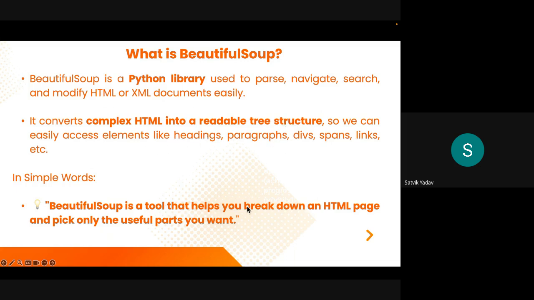So it is a tool that helps you break down an HTML page and pick only the useful parts that you want. Don't go into the technical part. Is it clear? Beautiful Soup does not do web scraping. Web scraping is done by requests, but Beautiful Soup is used to clean the data that you have got from your web scraping. Is it clear?